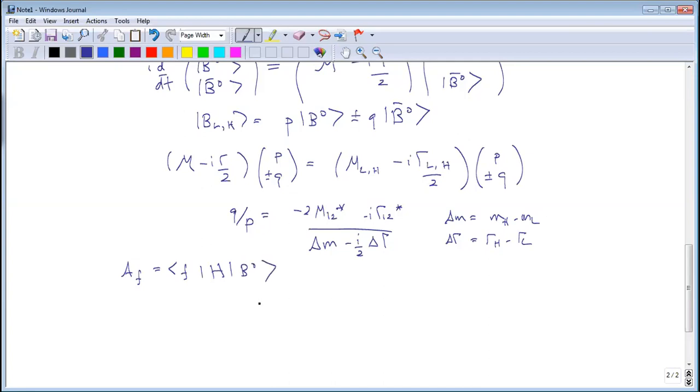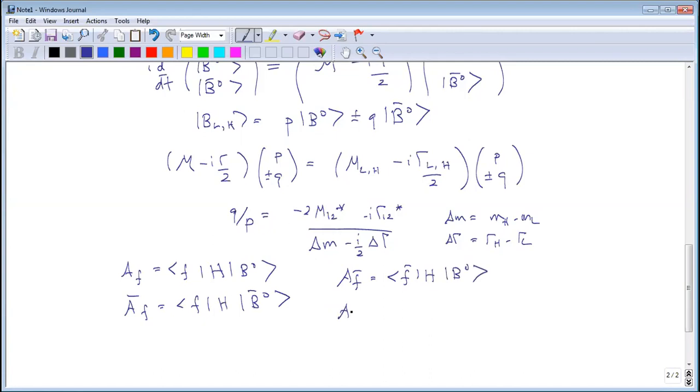Then we can also talk about the decay of B naught bar to the same final state F, which I'll write as A bar F. Of course, we can also have A F bar, the decay of the B meson B naught to the F bar final state.